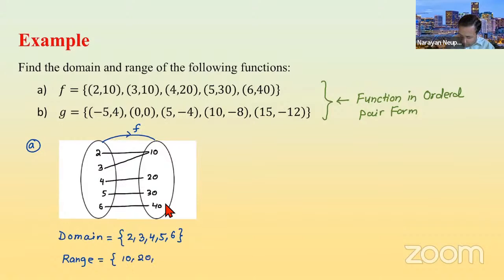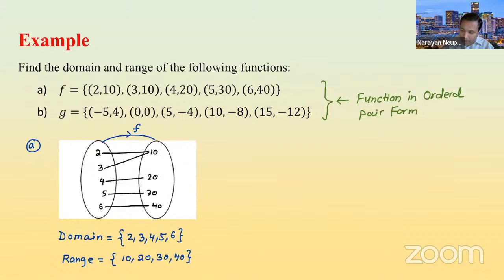It's always easy to create a diagram, and then from the diagram, whatever is the input value, that will be the domain, and whatever we have as the output value, that will be the range.